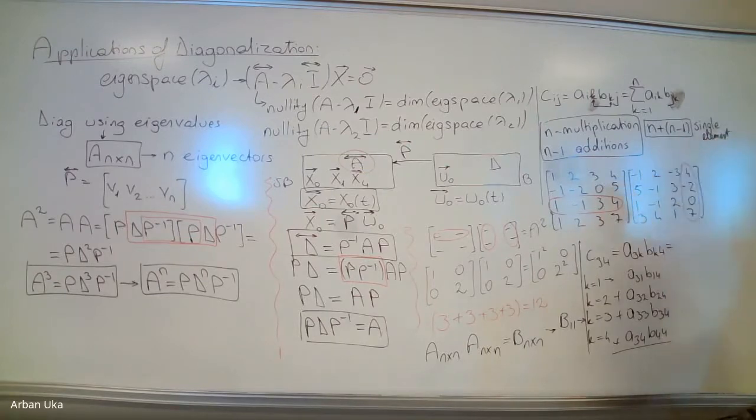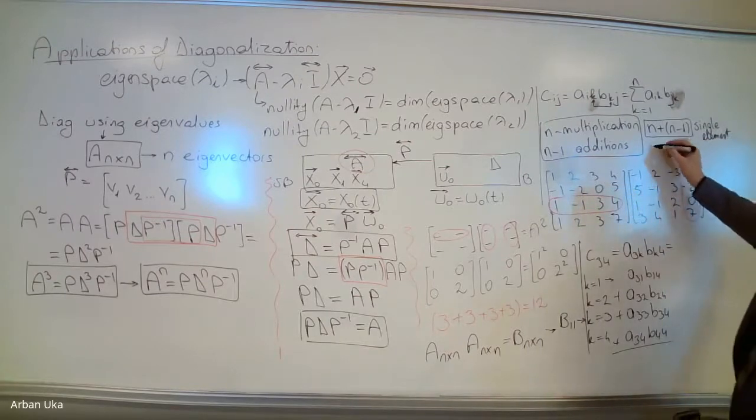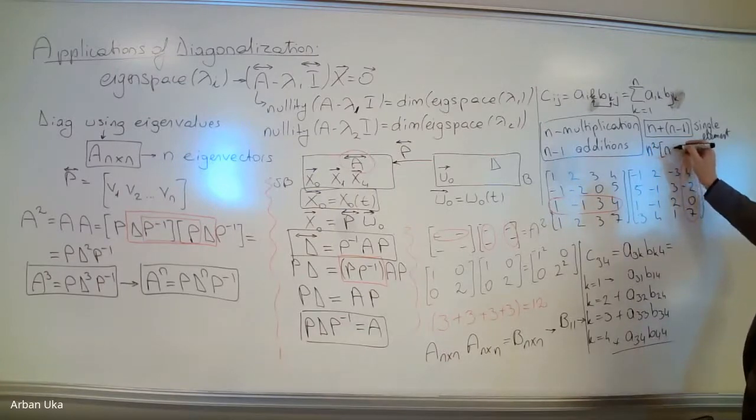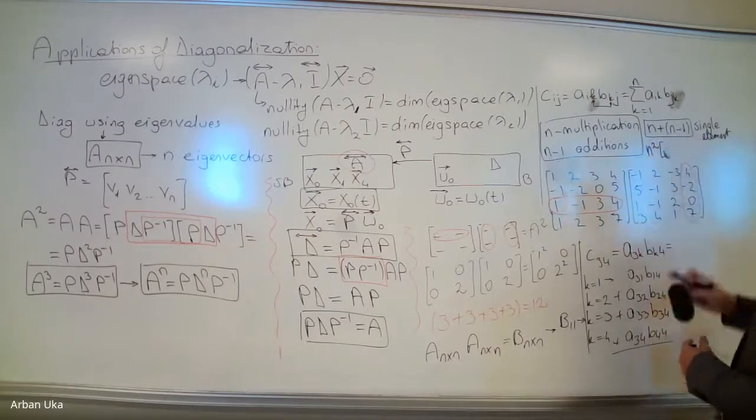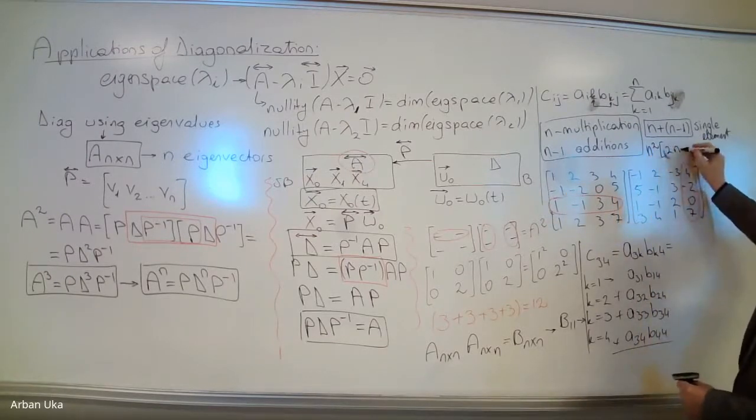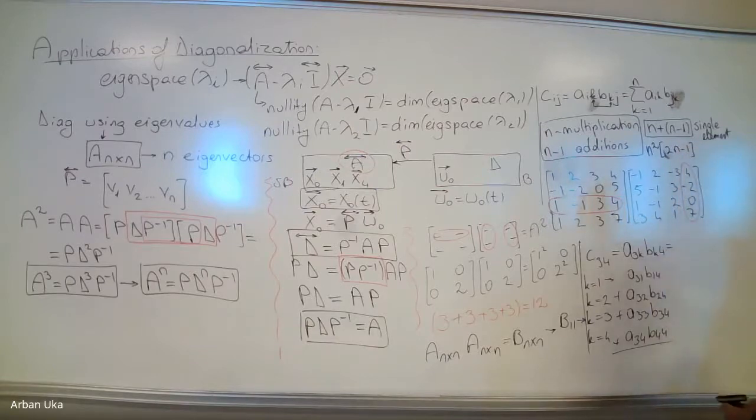But if we want to calculate the square matrix, then we have to multiply this with n squared. So here we have n squared times n. This n plus n minus 1, we can write as 2n minus 1. So the total number of calculations is 2n cubed minus n squared.